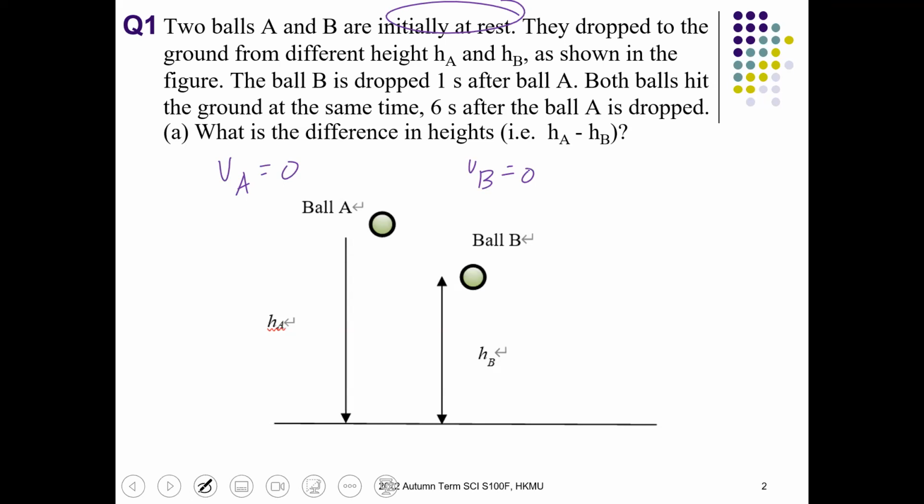It says that ball A drops first and ball B drops 1 second after. Both of the balls reach the ground at the same time, and that is 6 seconds after ball A is dropped. We need to find the difference of the height, that is HA minus HB, given that HA is larger than HB.